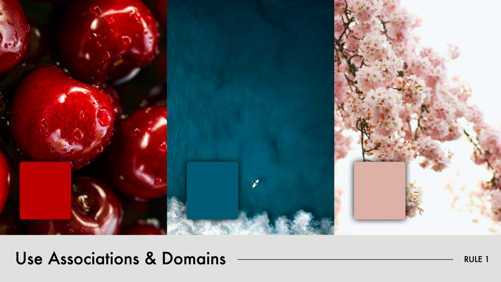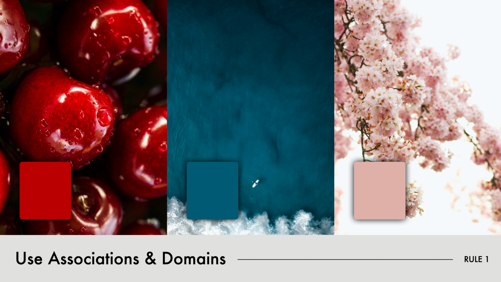So we have an understanding of what red is when it's the red of a cherry or the red of an apple. Okay, that would be food. In nature, we have cherry blossom pink, which is not just a generic pink, it's a specific sort of muted pink. Or you can think about geography, in terms of the sea being a very particular type of blue.